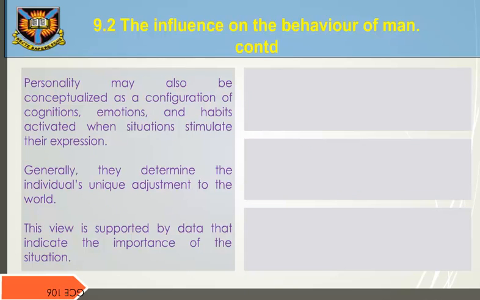Personality may also be conceptualized as a configuration of cognitions, emotions, and habits activated when situations stimulate their expression. Generally, they determine the individual's unique adjustment to the world. This view is supported by data that indicate the importance of the situation.